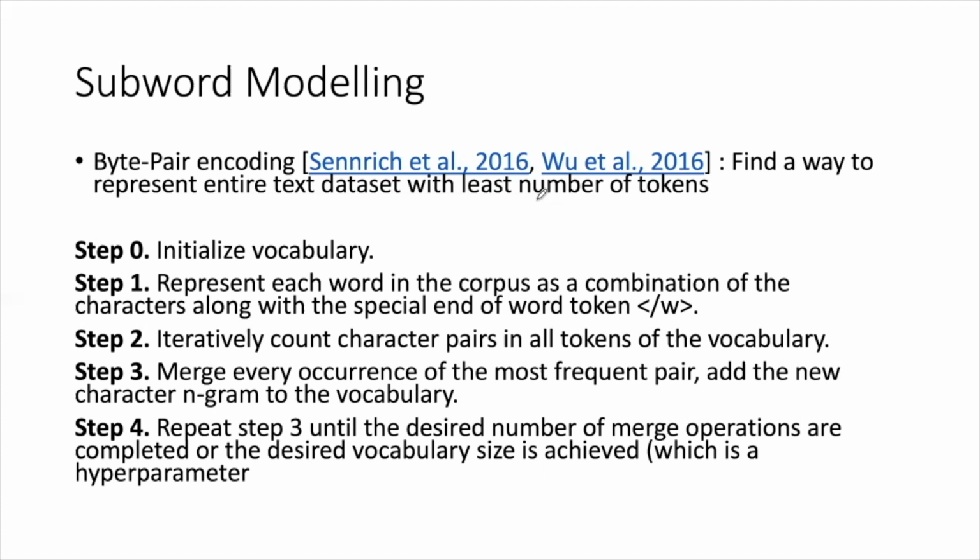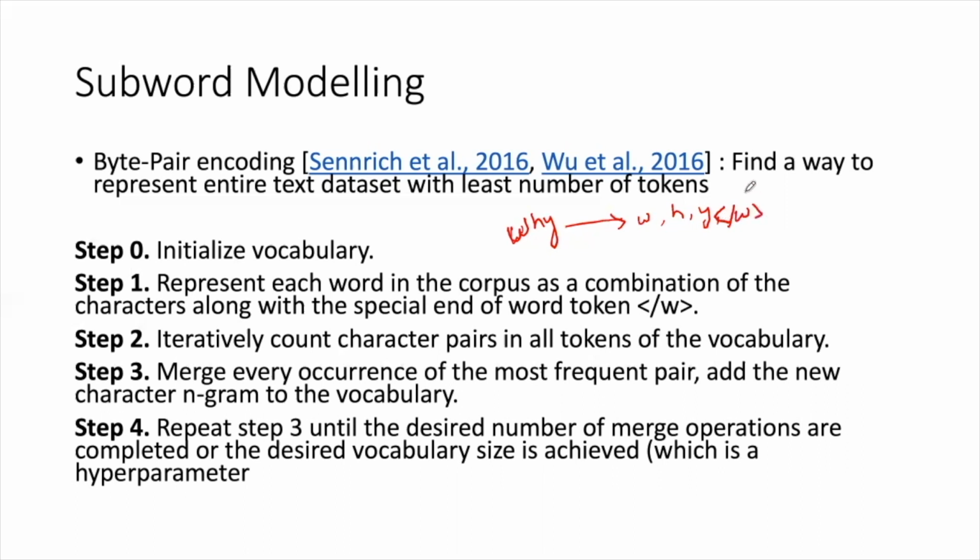So for example, let's say you have a word called why. We represent this word in terms of the characters or subwords which we have in the vocabulary. Initially, since our vocabulary contains only characters, the word why is considered as w, h, y, and along with that we also append an end token.